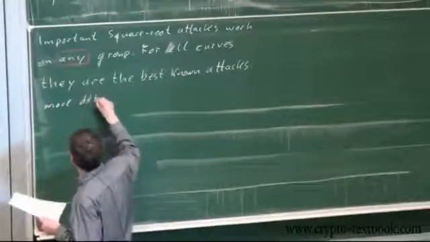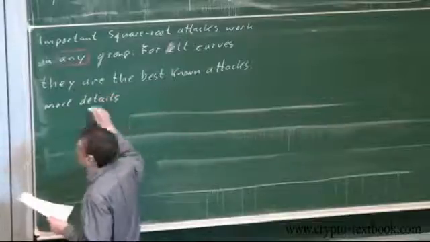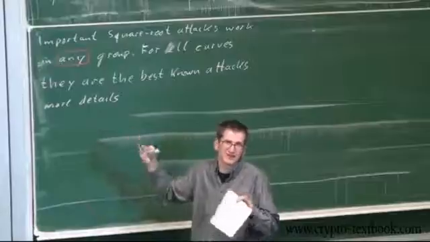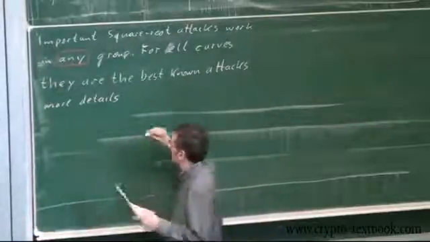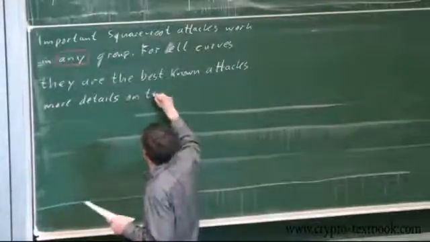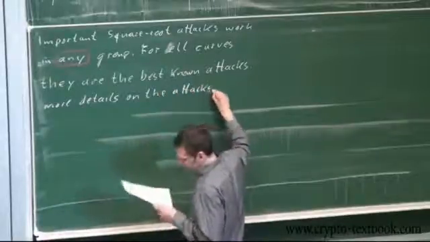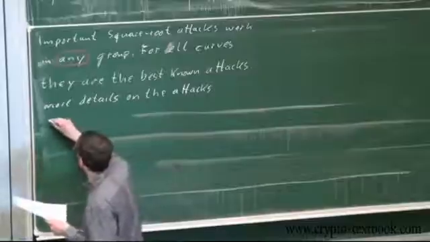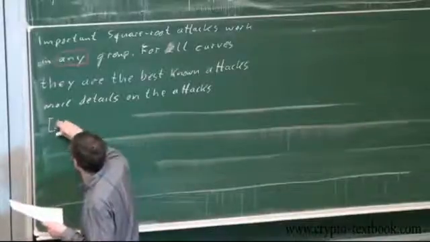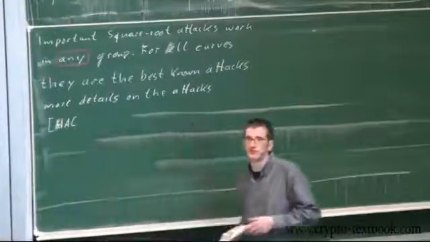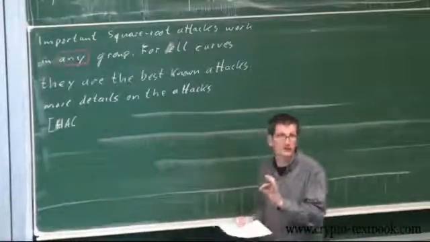More details. I didn't give any details about the attack. So if you want to learn about the attack, this is my favorite crypto reference book, the Handbook of Applied Cryptography.